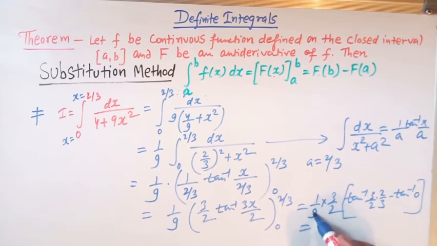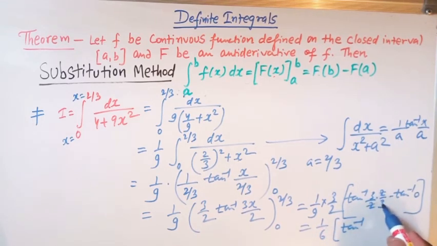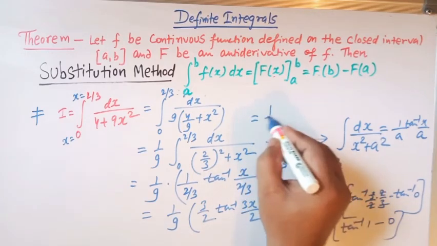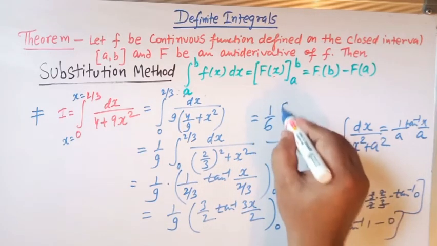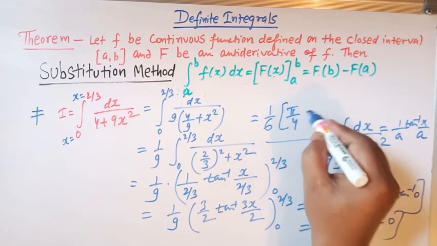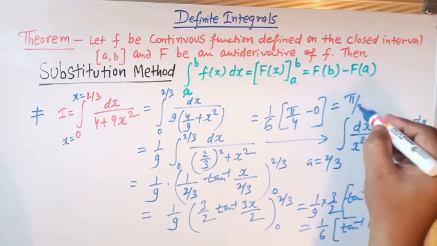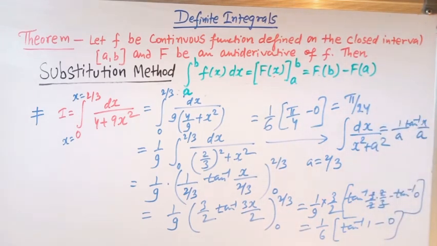So 3 3s are 9, so we have 1 over 6, and here the 2 gets cancelled, the 3 gets cancelled, so we have tan inverse of 1 minus 0. Tan inverse of 0 is 0, so this is 1 by 6, and tan inverse of 1 is pi by 4 minus 0, so this is pi by 24.